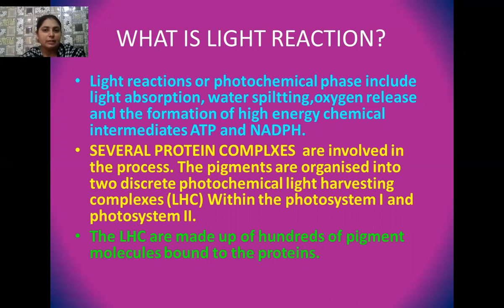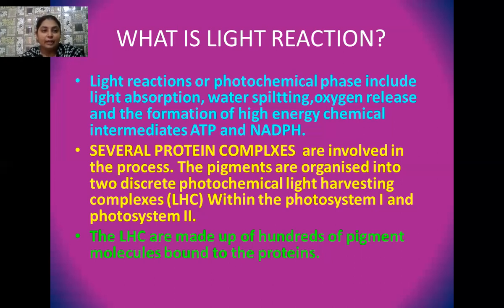Every photosystem has several protein complexes, and these protein complexes have numerous types of pigments, including the chief pigment, which is chlorophyll A. As you know from the previous lectures, chlorophyll A is the chief pigment, but there are other accessory pigments such as chlorophyll B, xanthophylls and carotenoids. They also absorb light of a particular wavelength, and later they hand over this light to chlorophyll A, and in this way they increase the efficiency of the chlorophyll A molecule.